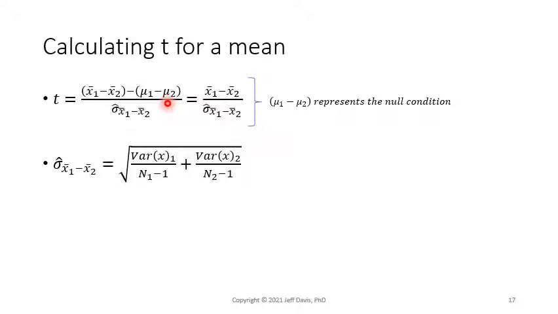Remember that the null hypothesis says that the two groups are the same, so this term reduces to 0, and we can just kick it out of the equation. We can reduce it to this: the mean for group 1 in the sample minus the mean for group 2 in the sample, divided by the estimated standard error of the difference in means.